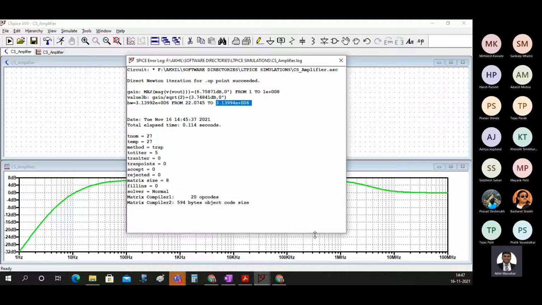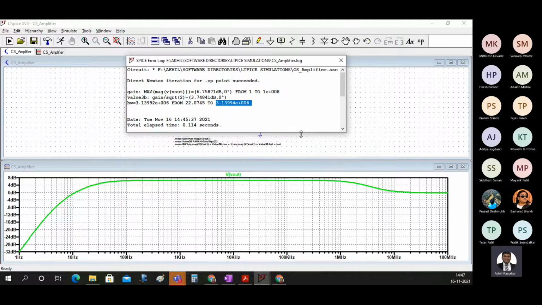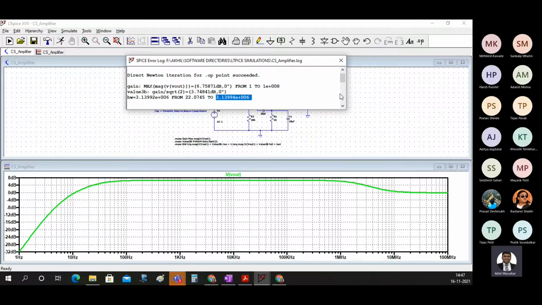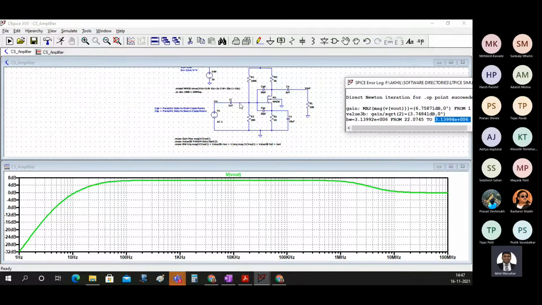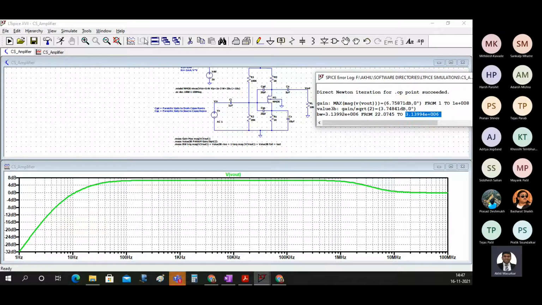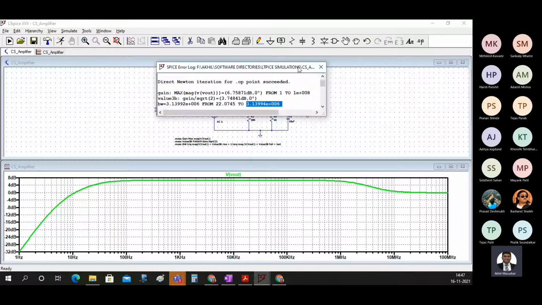So now you should be showing me these three values, the circuit and the graph. Come on, do this.